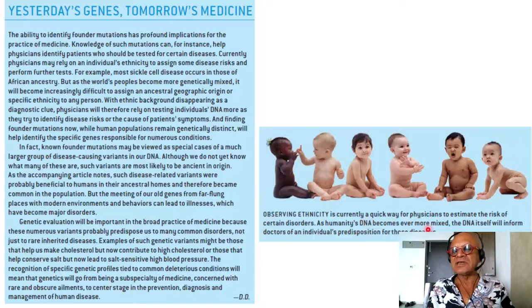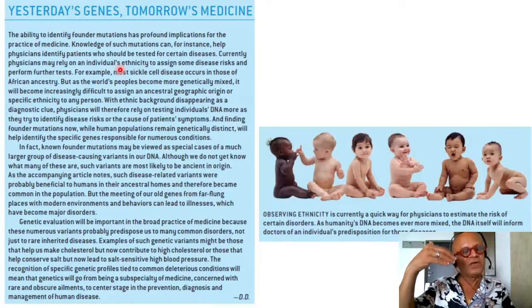As humanity's DNA becomes ever more mixed, the DNA itself will inform the doctor of an individual's predisposition for those diseases. So as ethnicities keep getting mixed with globalization and migration and so on, even not just in the Holocene but even before, this recombination will begin to make shorter chromosomes of the founder mutation.